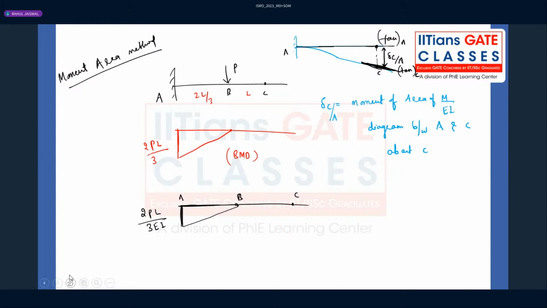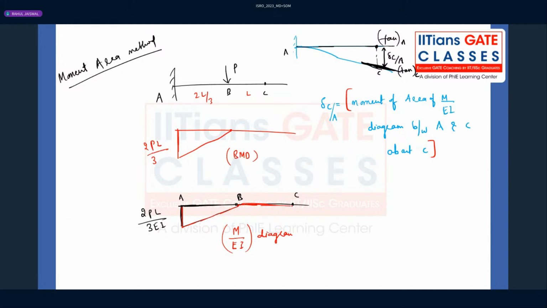If you don't want to confuse yourself, you simply do not remember the statement, you simply follow these things. Whenever you want to calculate deflection at any particular point, take the moment of the area of the M by EI diagram which you have calculated. First calculate the area of this M by EI diagram.